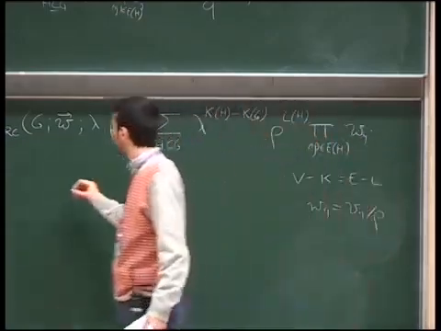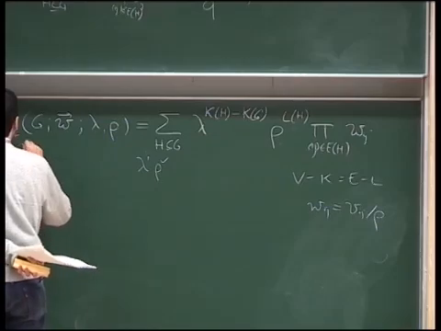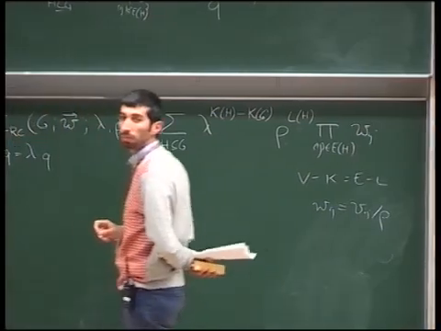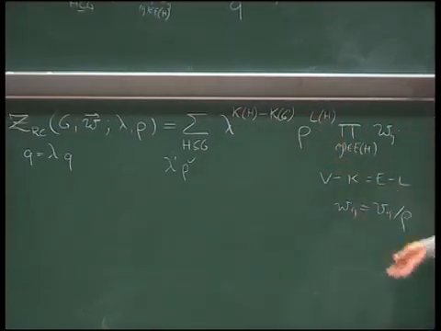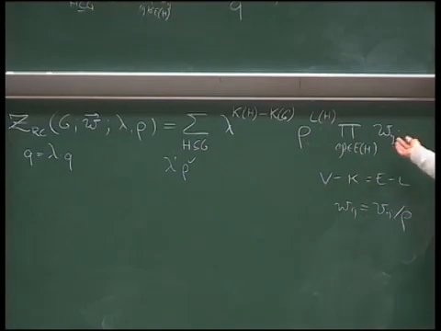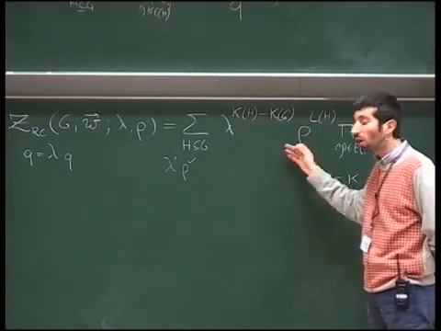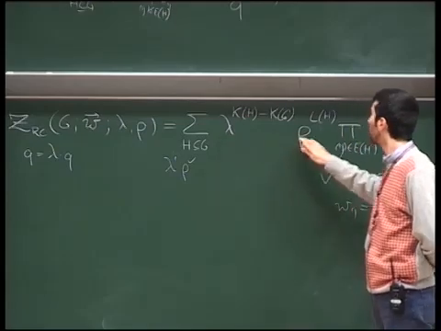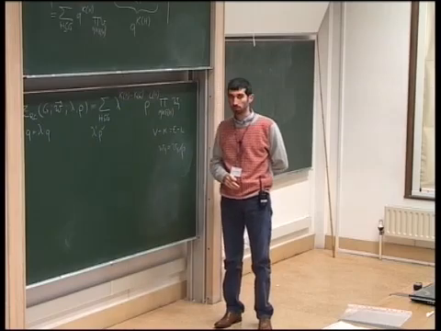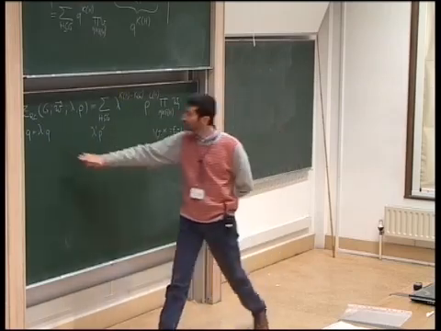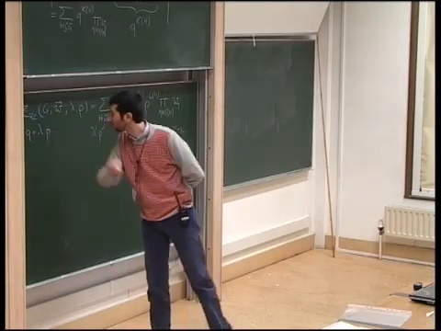Never forget that the original Potts q is lambda times rho, and lambda and rho are really redundant. This function depends on lambda and rho only through the product lambda times rho, up to a trivial prefactor. q is lambda times rho.